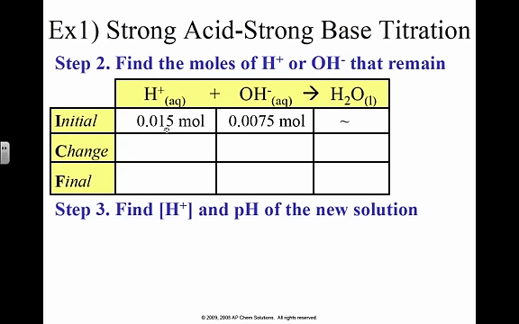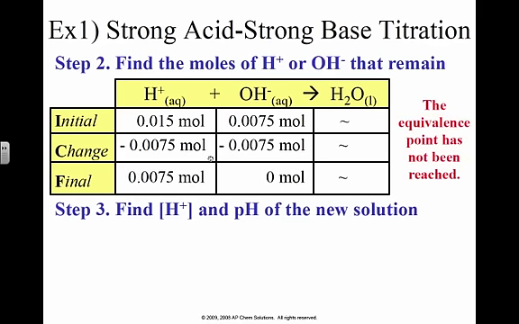Notice I have more moles of acid than I have moles of base, and so the acid will neutralize the 0.0075 moles of base. So that all of the base is going to react. I'm going to lose all of that H because it's a 1-to-1 ratio. And that's going to leave me with 0.0075 moles of acid and 0 moles of base.